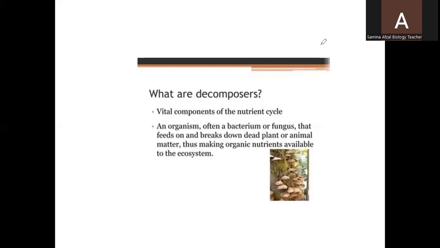Examples of these types of organisms are bacteria or fungi, which live in the soil. Whenever any animal or plant dies, they decompose them into their basic components, and in this way they release those basic components into the soil, so they will be used by the plants again. In this way they are recycled.